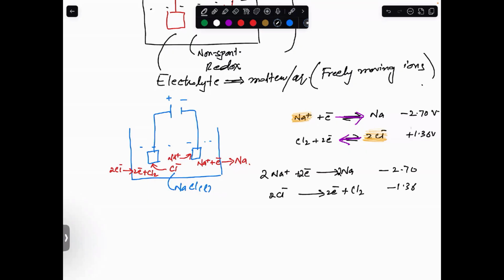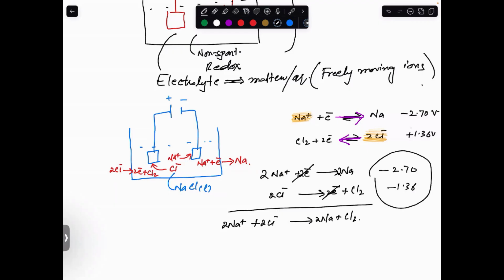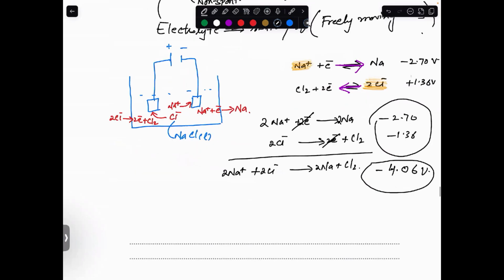Multiply this by 2, the electrons cancel, 2Na plus and 2 chloride making 2Na and green yellow gas, and the E cell is minus 4.06 volt. What does this minus show? Not spontaneous.